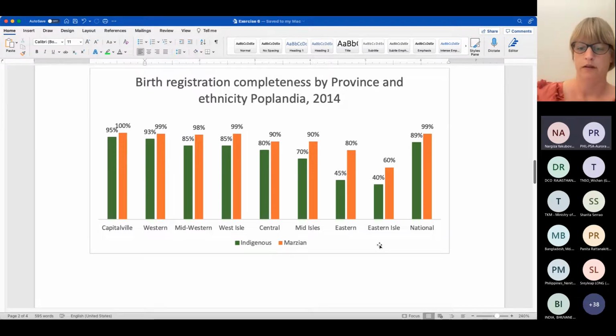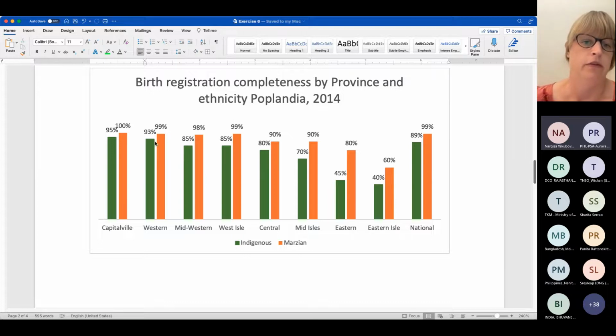So that means we not only need to build registration offices and provide better access, but we probably also need to do some better targeting. Perhaps it's awareness, or maybe the Indigenous population is disadvantaged. Perhaps they don't have the necessary paperwork or identity documents to register births. There could be a number of factors going on.